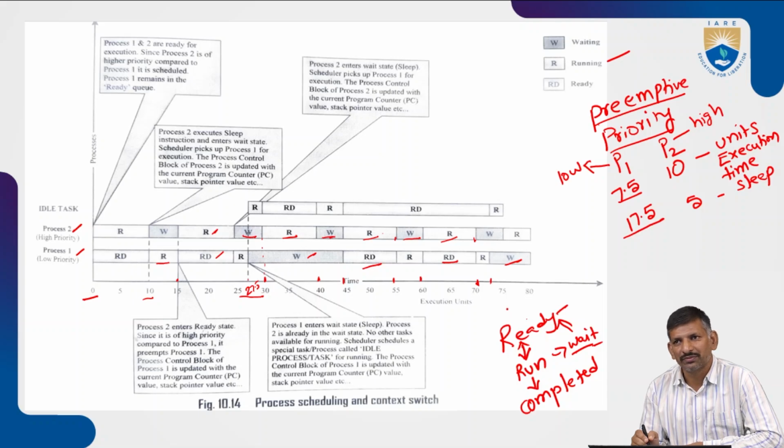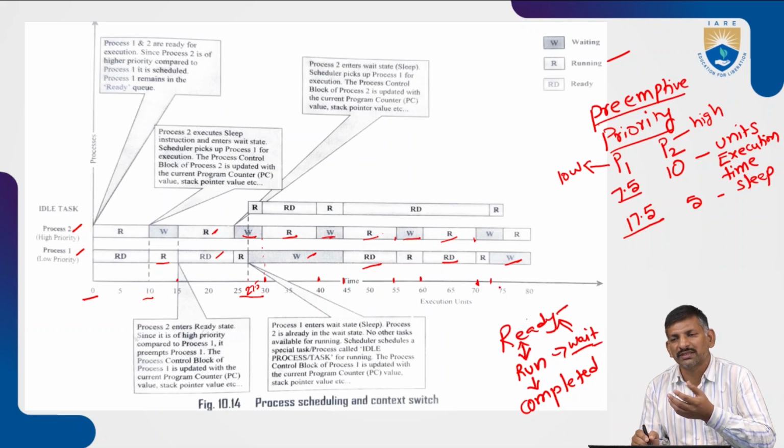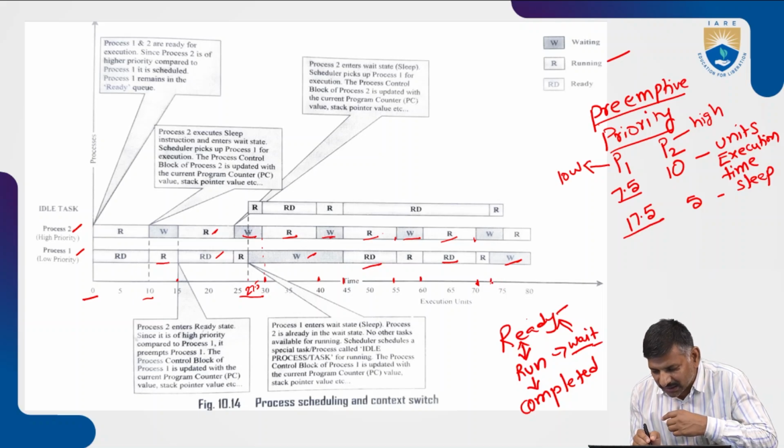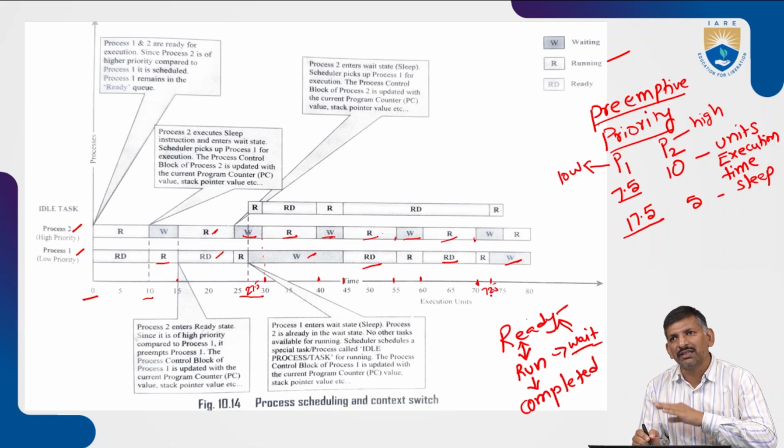After that, P1 enters the waiting state. At this time, the system is in idle mode. No processes are available. At 72.5 units of time, P1 is in the waiting state and P2 is in the waiting state, so no processes are available in the ready state.